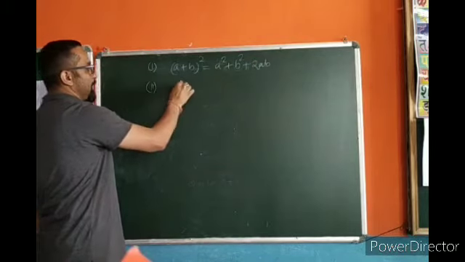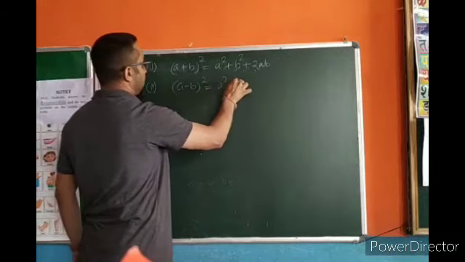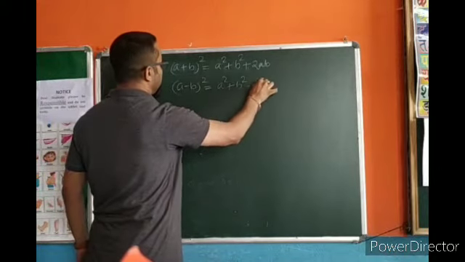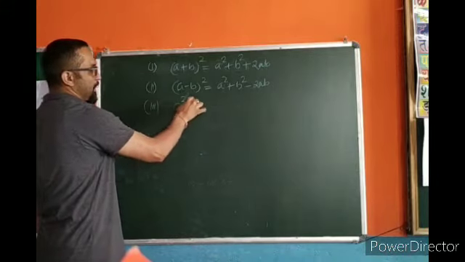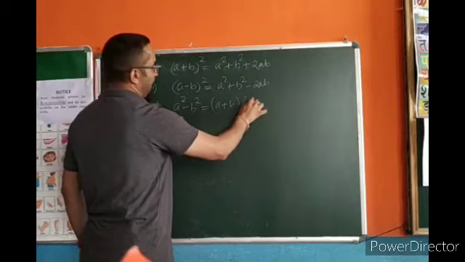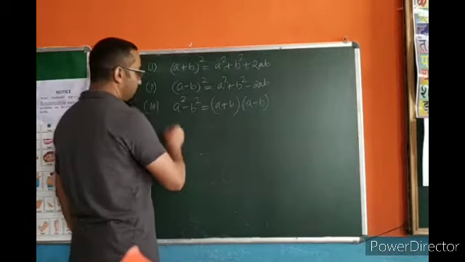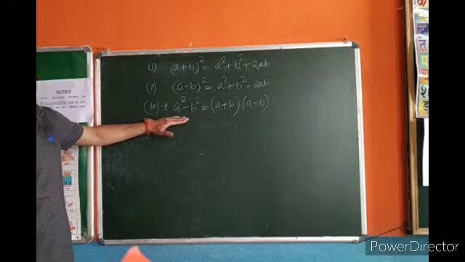Second one is a minus b whole square, which is equal to a squared plus b squared minus 2ab. Third one, a squared minus b squared is equal to a plus b, a minus b. And this formula is frequently used in trigonometrical identities.